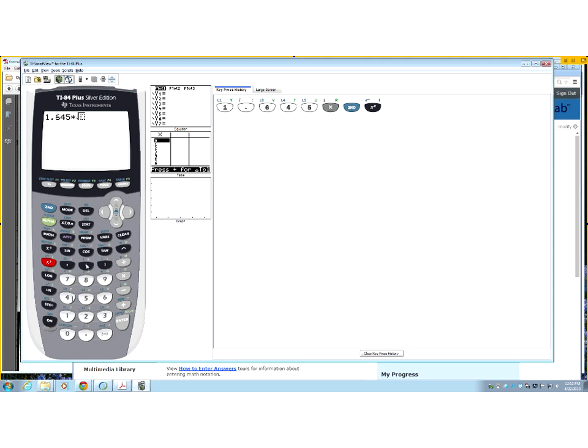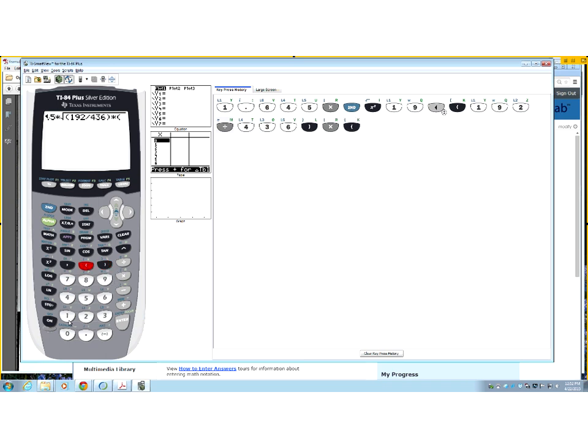So p hat 1, that was that fraction, 192, and I'm going to put that in parentheses just to make sure that it all stays together. 192 over 436. That was my p hat from my first group.